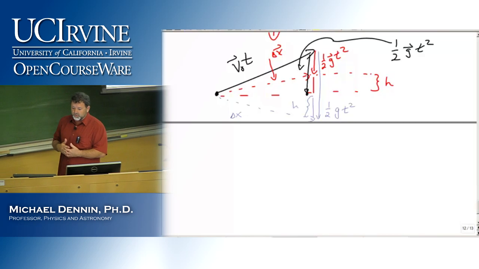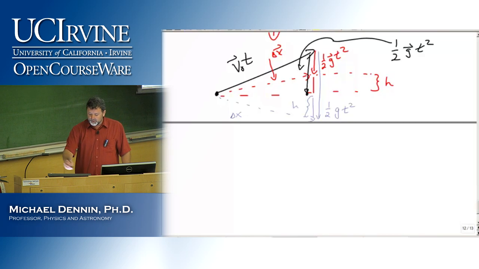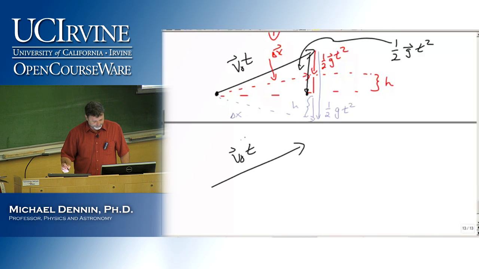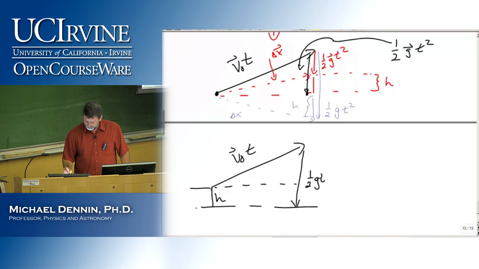Lots of different options as to what you can be given. One of the beauties of drawing your vector diagrams is you have lots of options of trig functions to use.